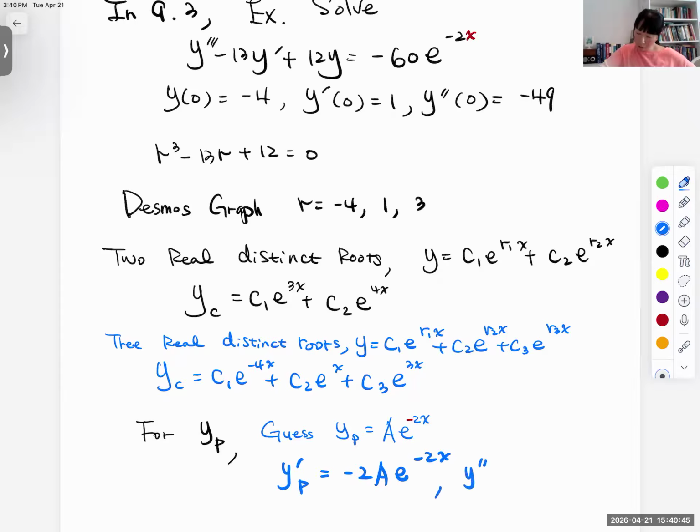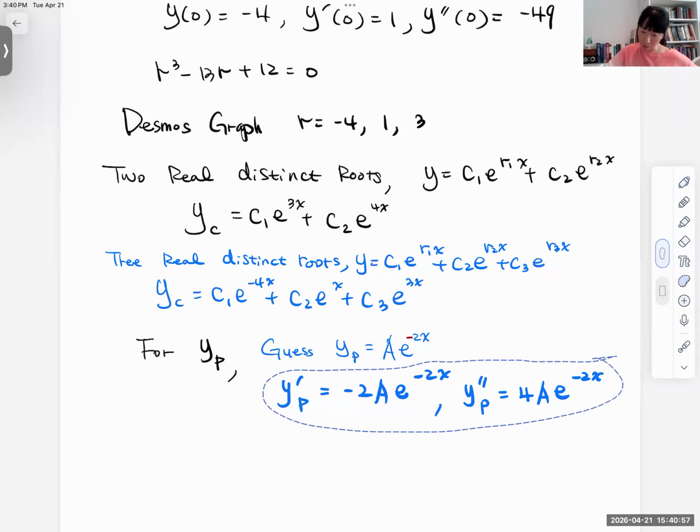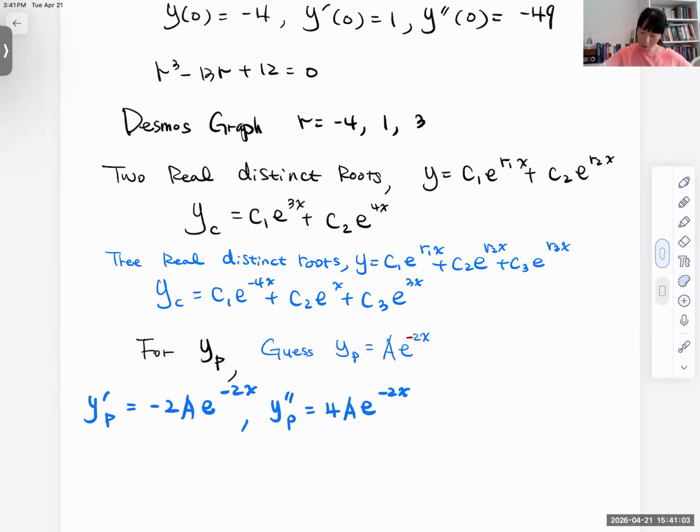And y second prime is positive 4a e to the negative 2x. Oh, we have to do one more, the third prime, because the original has a triple prime. So y third prime is negative 8a e to the negative 2x.